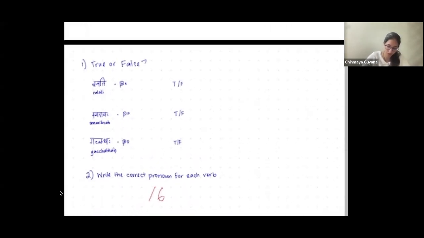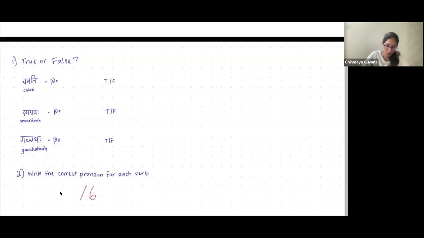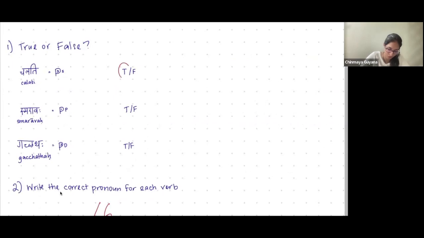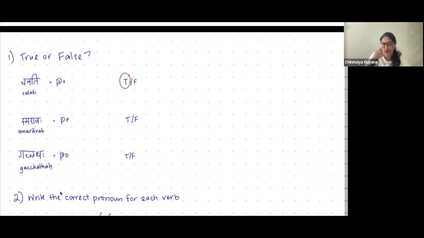Now, first question was 2 parts. True or false? Chalati equals third person singular. That should have been very easy. That was true. Then smaravaha. Smaravaha, if you look at your table, is first person. That part is correct, but it is dual.